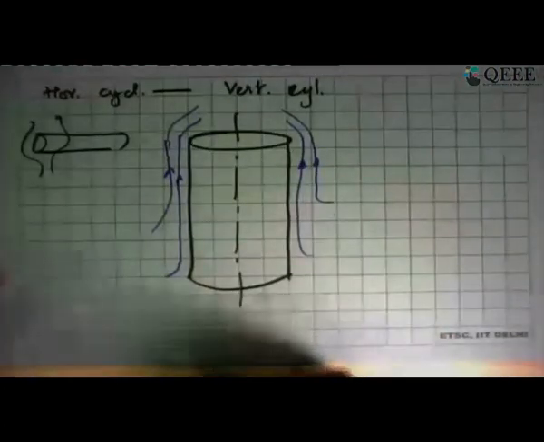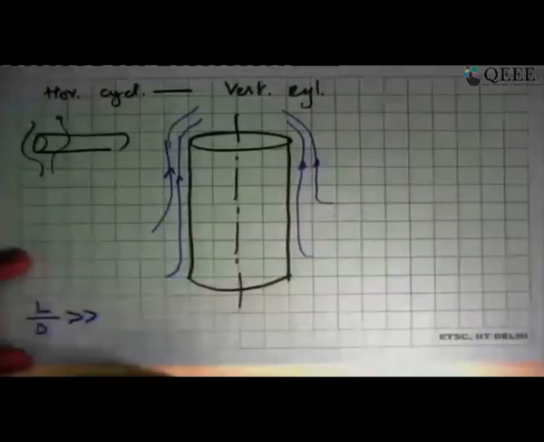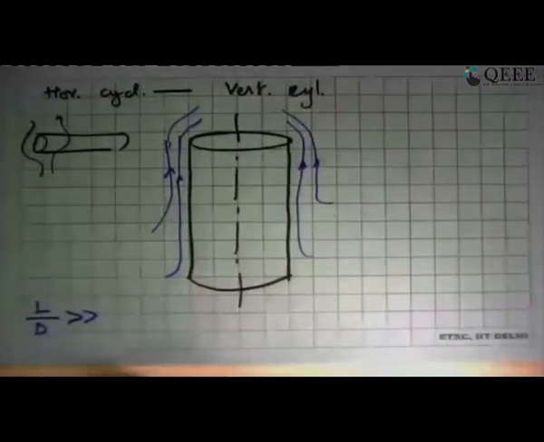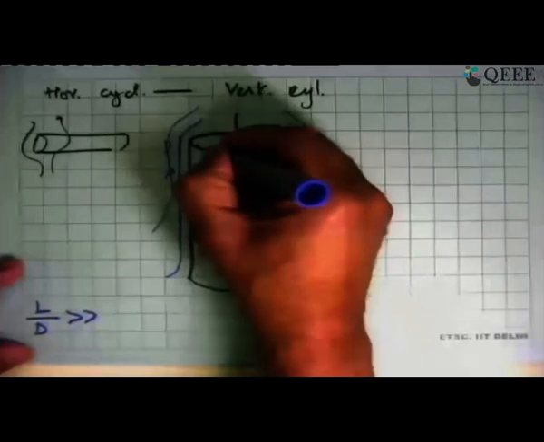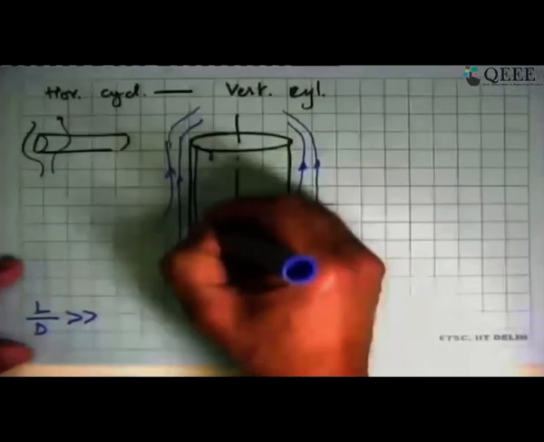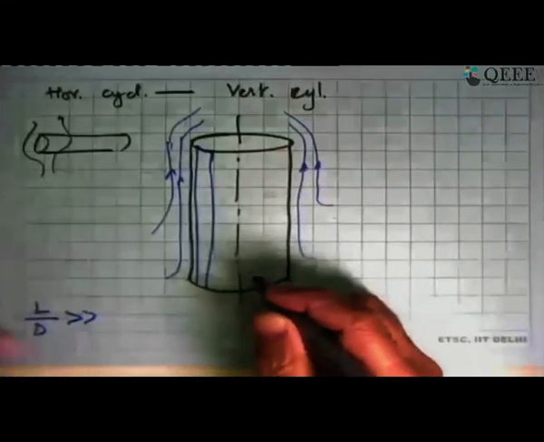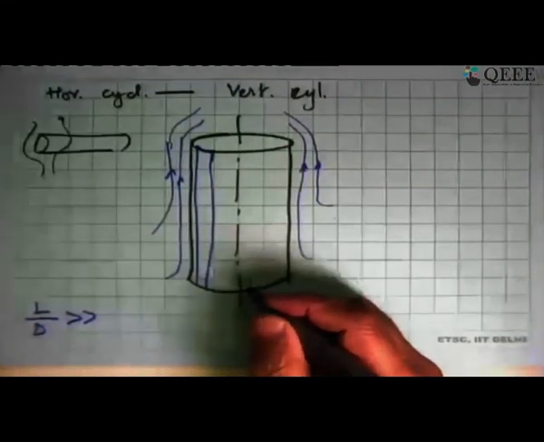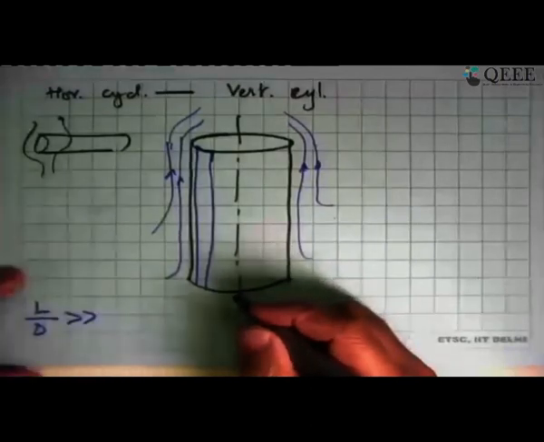And in case L by D is very large, greater than a certain number, then we can assume that the flow that is happening here, a small portion of this cylinder, can be approximated as a vertical wall, a vertical plate, and exactly the same correlations can be used over here.